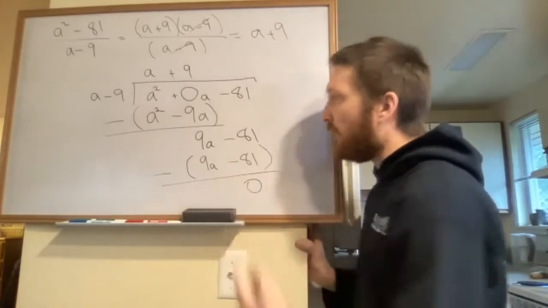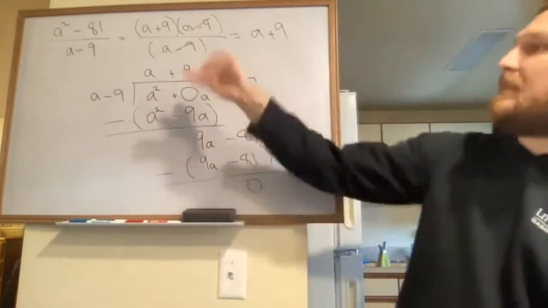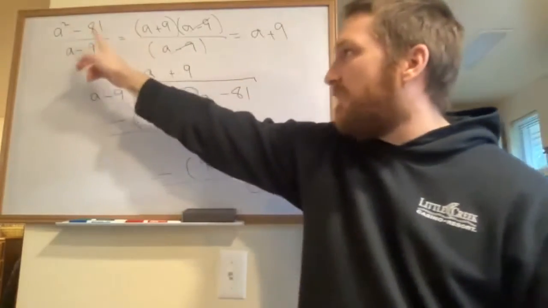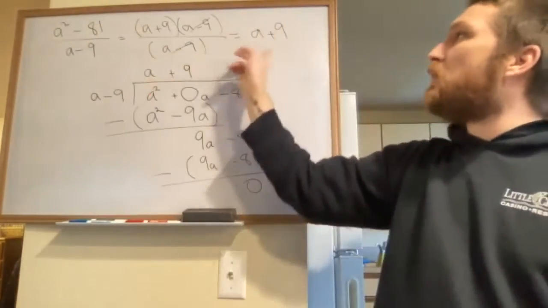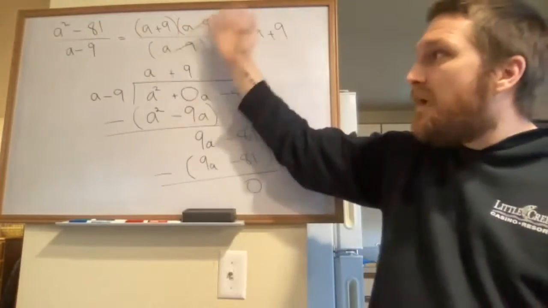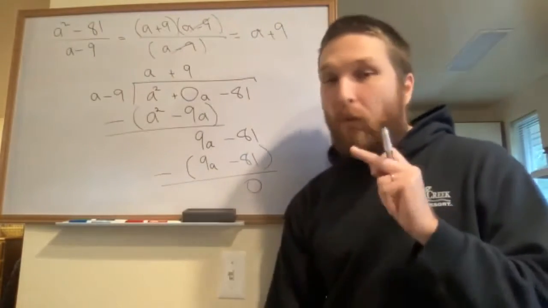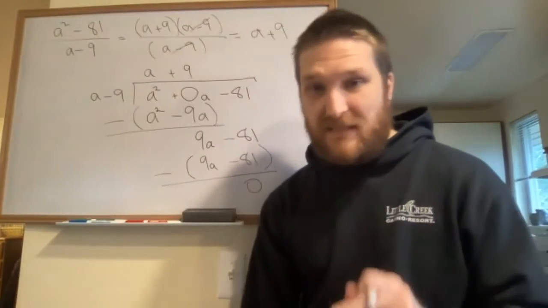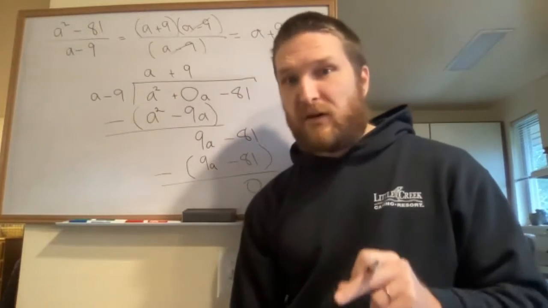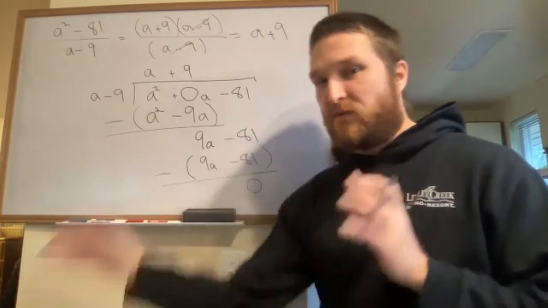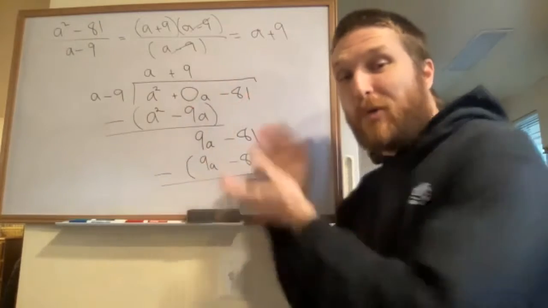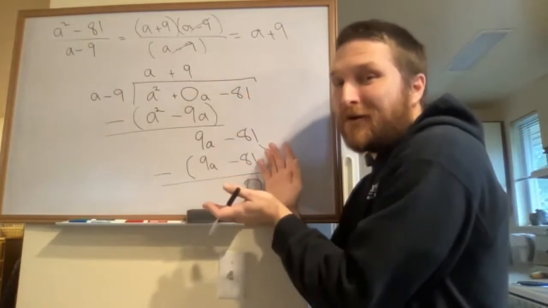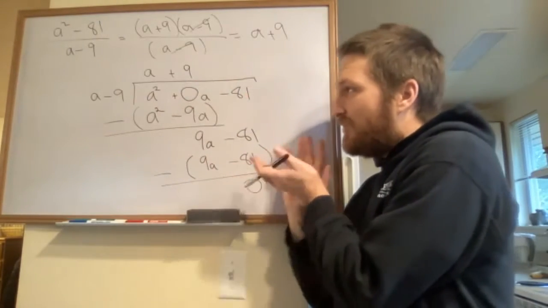And so we just found that, yes, indeed, that divided by that is equal to a plus 9, which we already knew. But in your homework, the whole point of this is to get familiar with this algorithm, right? To do the long division. So in every one of your homework problems, you're going to be doing the polynomial long division just like this.